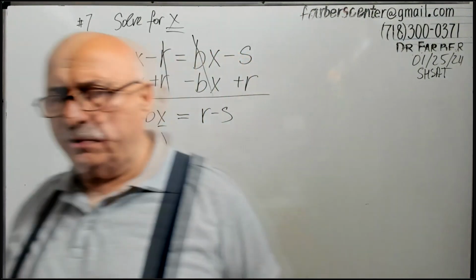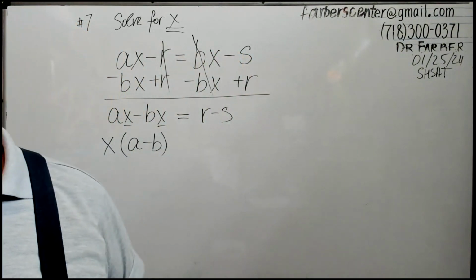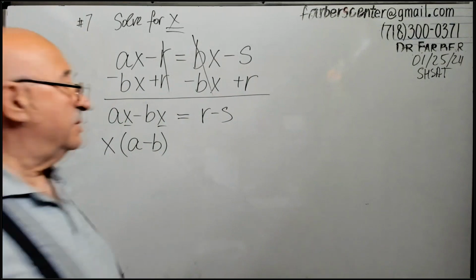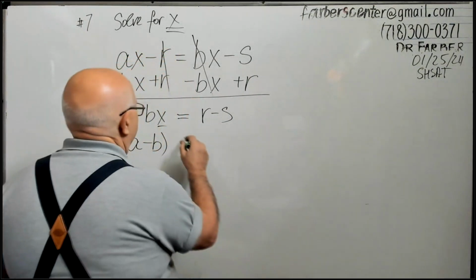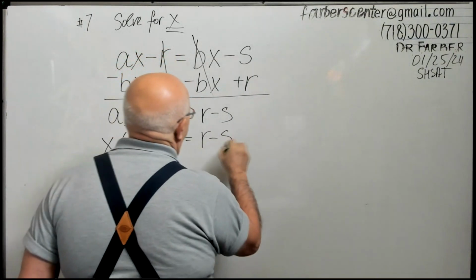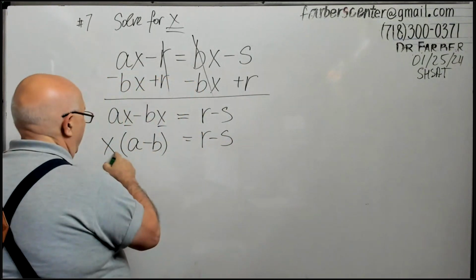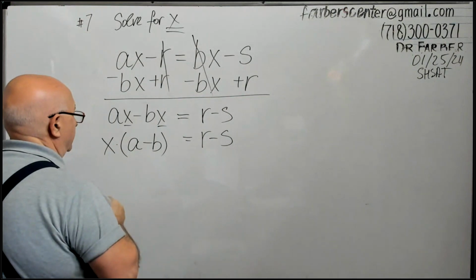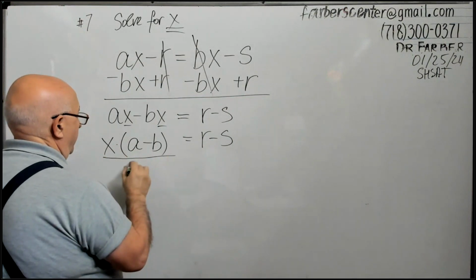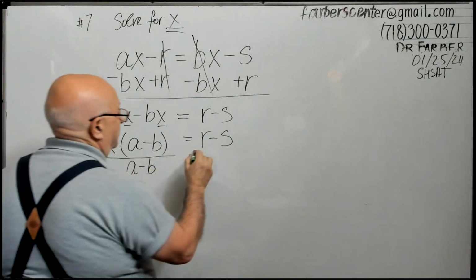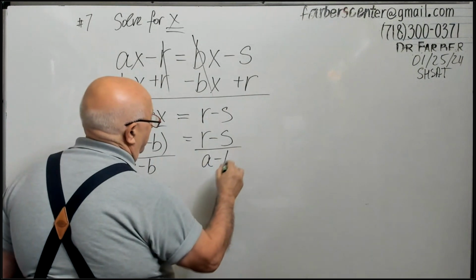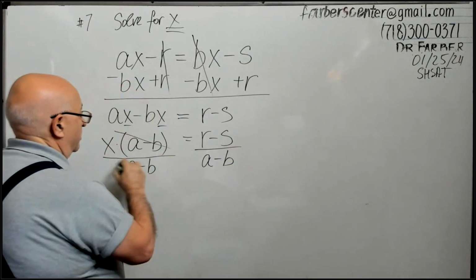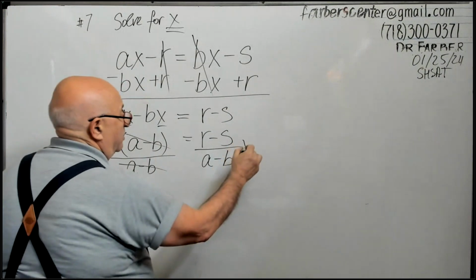Understand up to this point? Good, Matvey, excellent. And this equals R minus S. How to find X? This is my goal. There is a hidden multiplication, so divide by A minus B both parts. They cancel out, and this would be the answer.